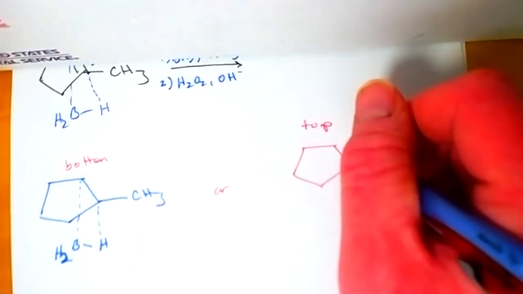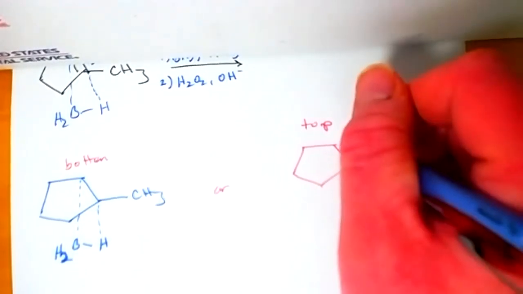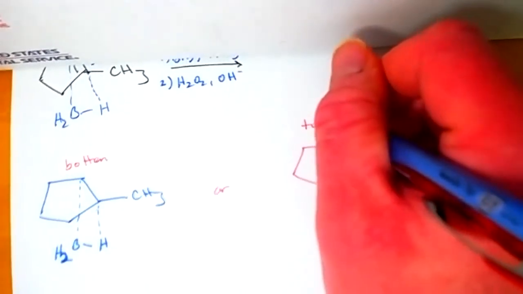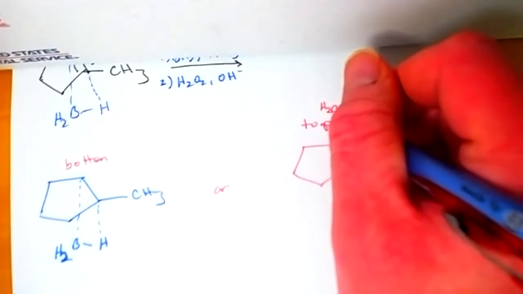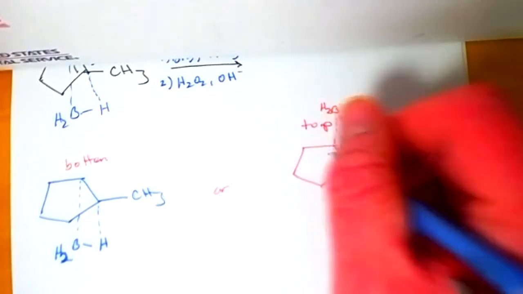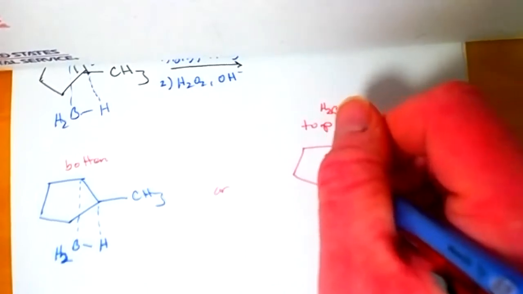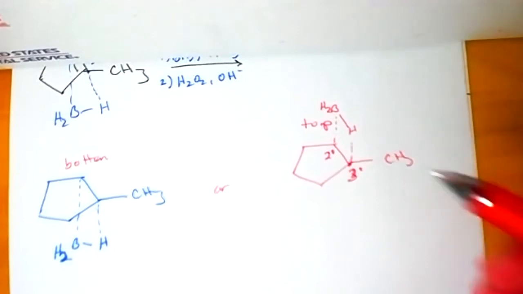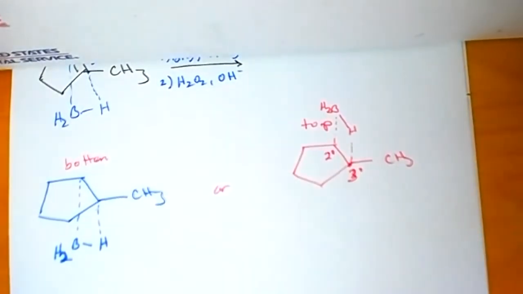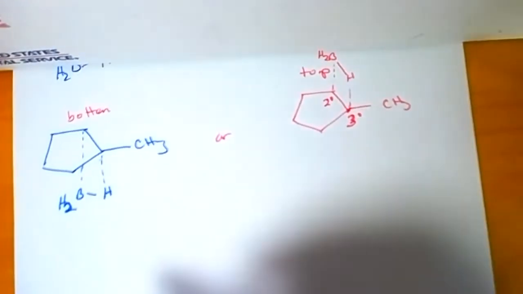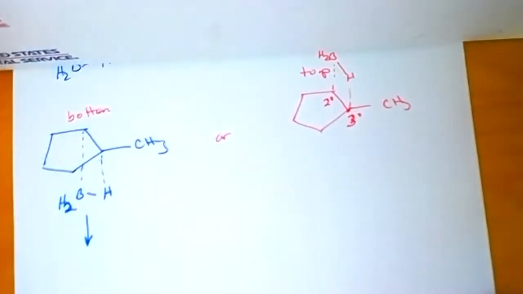In other words, now hydrogen here, boron here, that's secondary, that's tertiary, that's secondary. So again, hydrogen still adding here on the more substituted carbon. But that's going to lead to two different products.